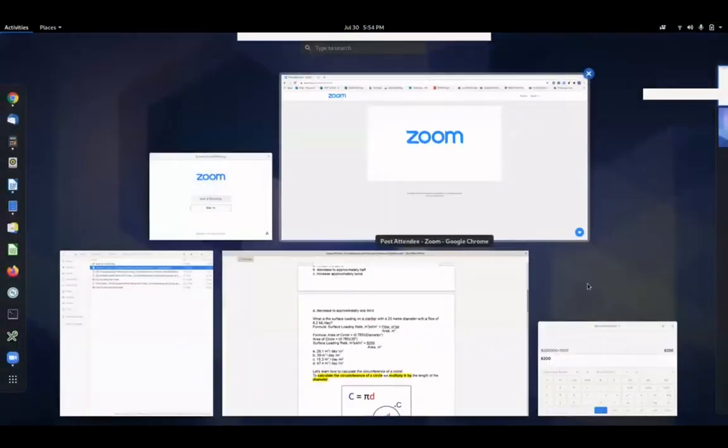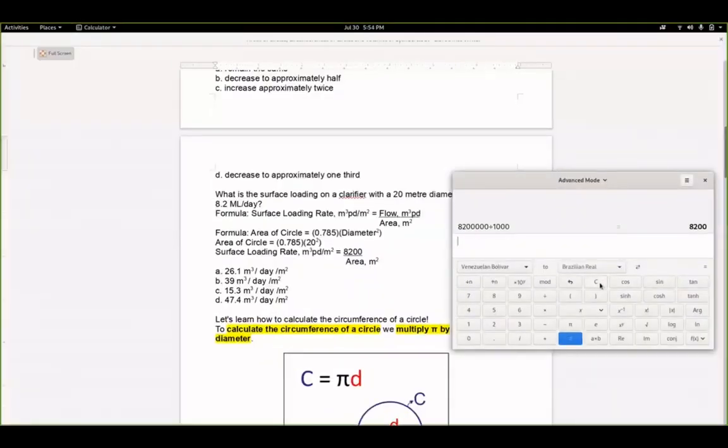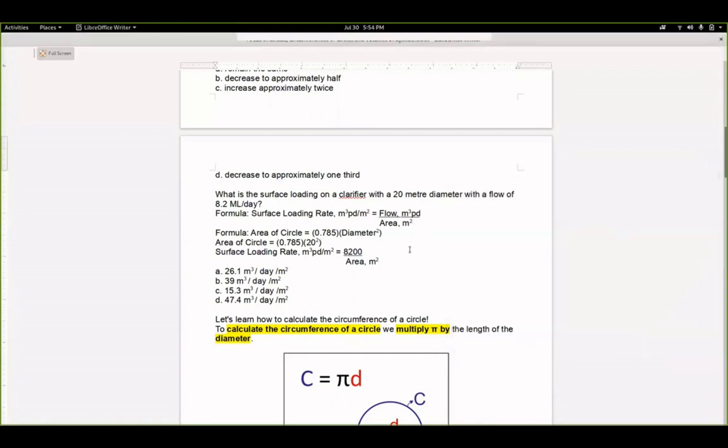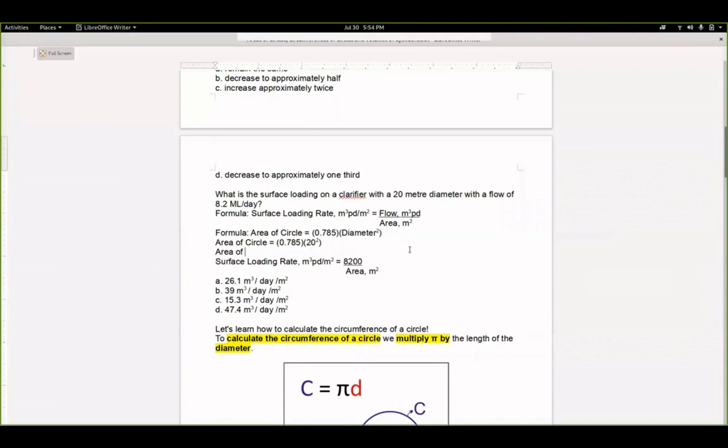So I know that 20 times 20 is 400, but I can still calculate it here. 20 times 0.785 gives me 314. So the area of the circle will be 314 meters squared. And again, I don't have that superscript tool, so I'll just do that.